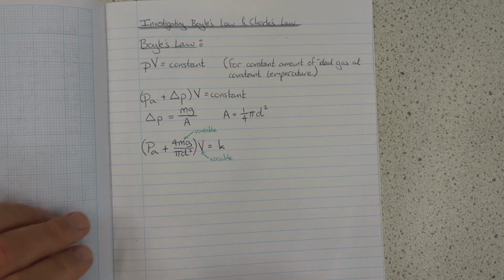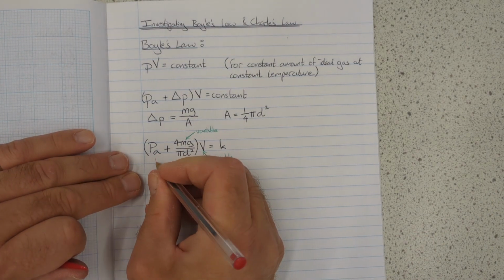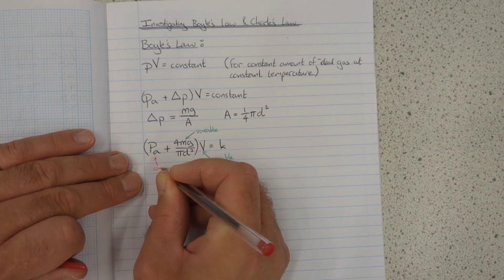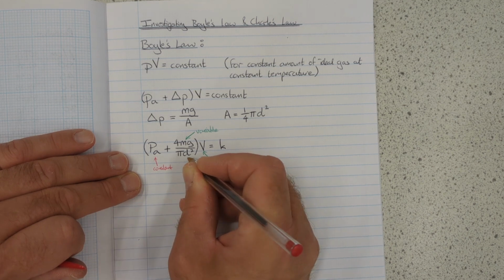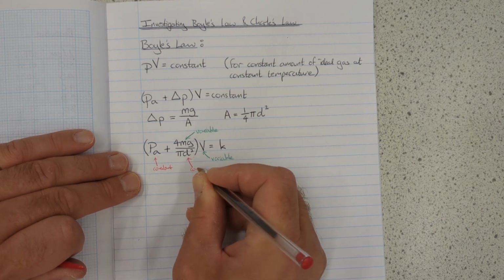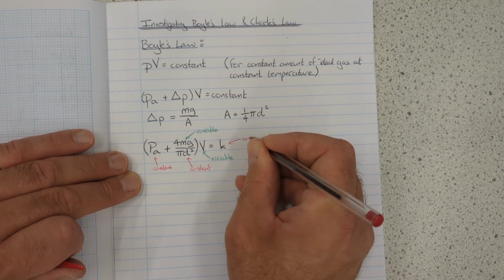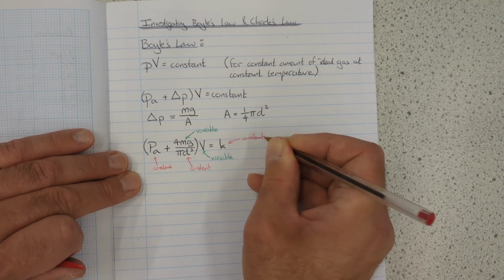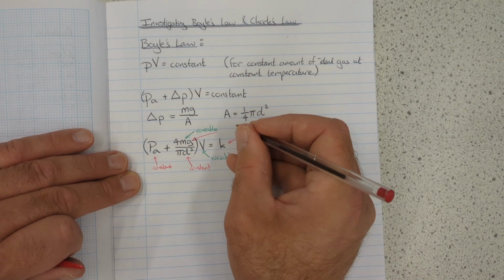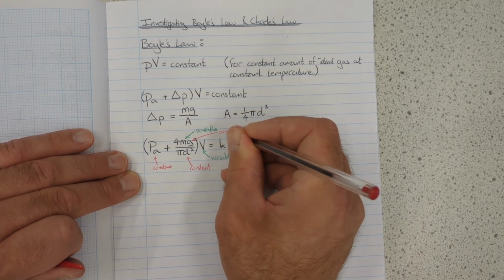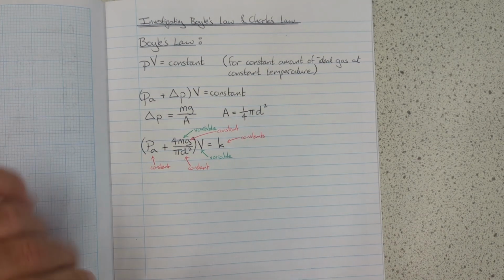Everything else is a constant. So P_A is a constant. What else is a constant? d is a constant. Obviously, g is a constant as well. k is a constant. There are lots of constants. And pi is a constant. I'm not even going to bother labeling that one constant.